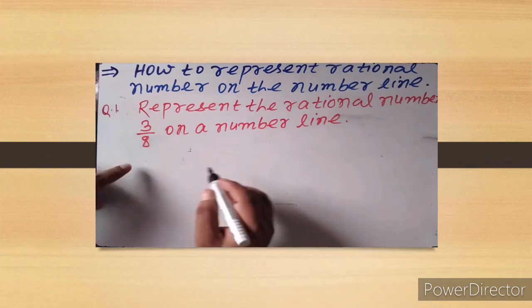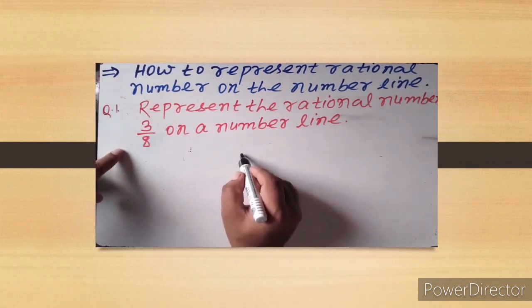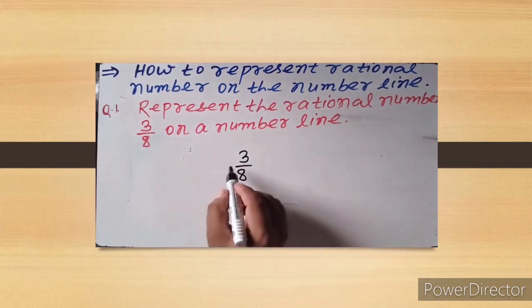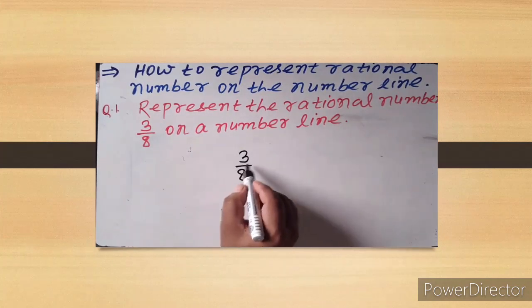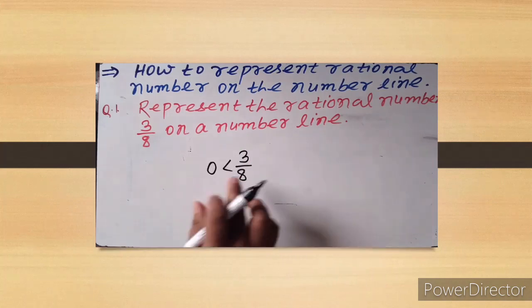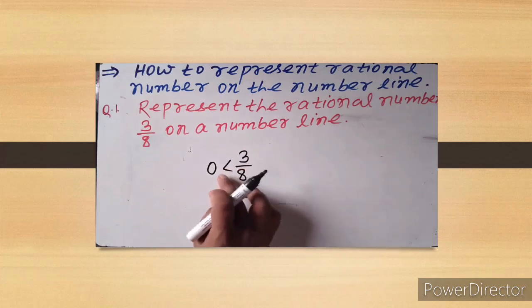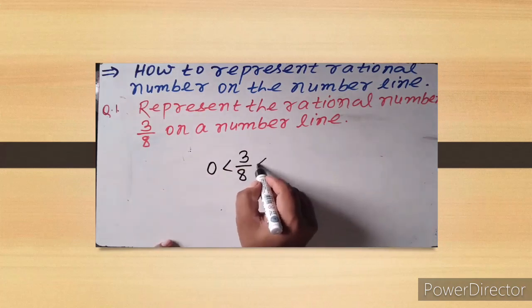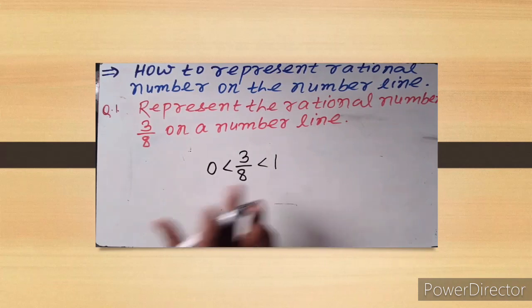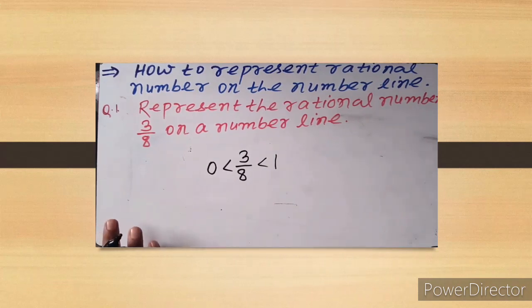One more thing we will understand, students: this 3 by 8 is greater than 0, but it is less than 1. 3 by 8 is less than 1.